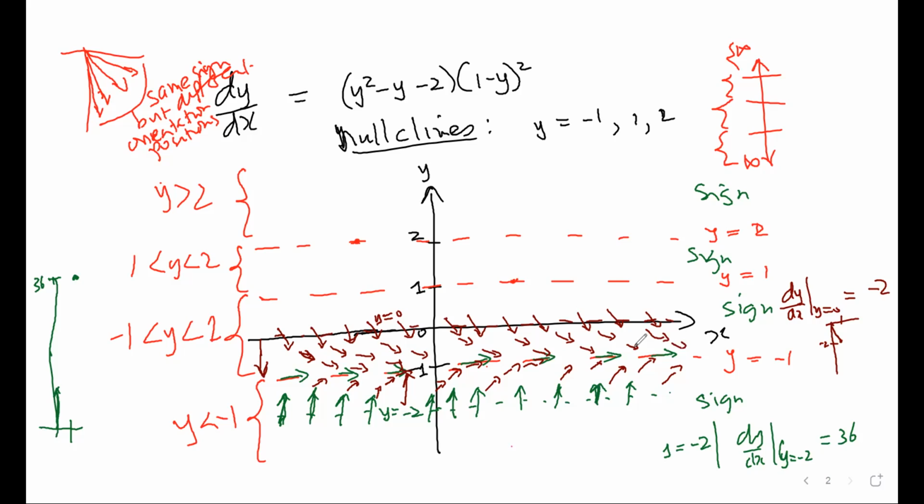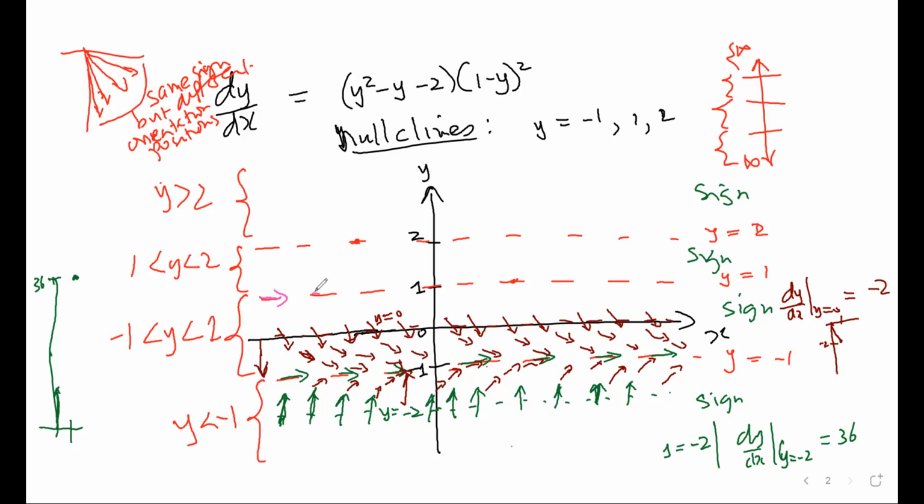Now, we know very well that in this region between -1 and 1, we also have a negative slope.